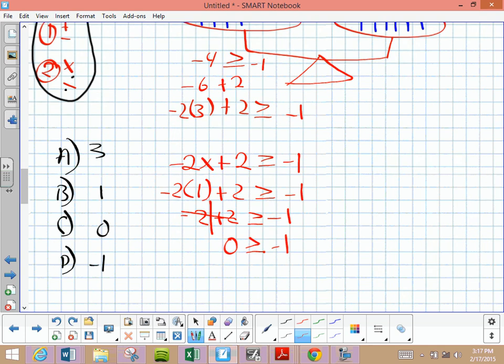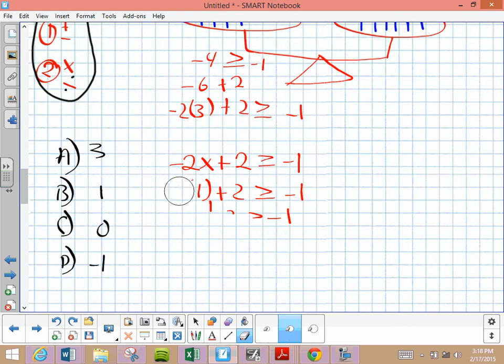I'm looking for the one that does not work, right? No, because negative 1 is not greater than negative 1. Let's try D. It might work.